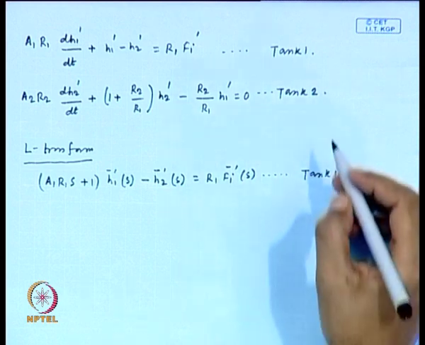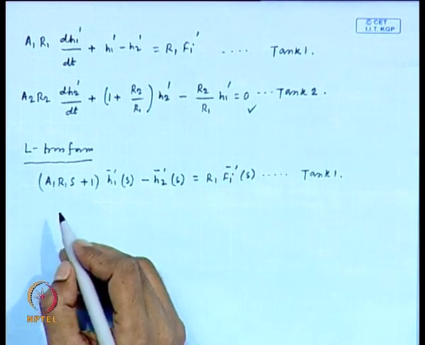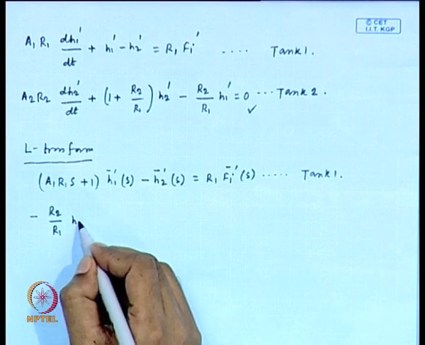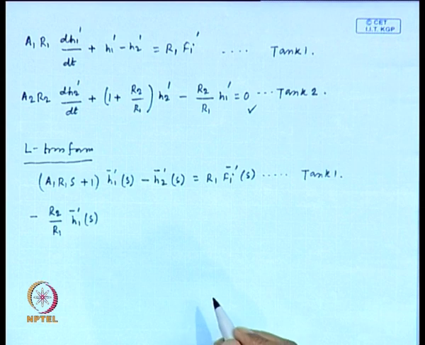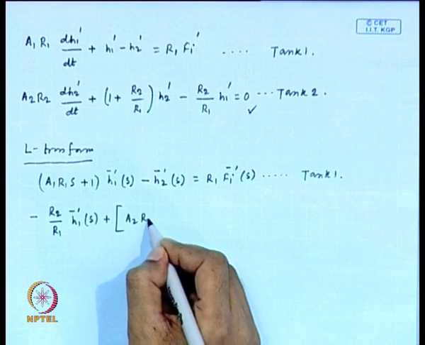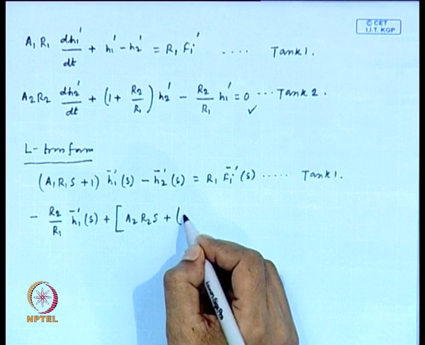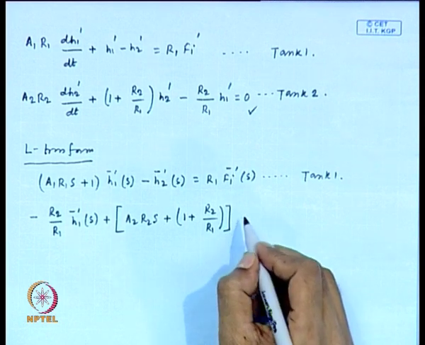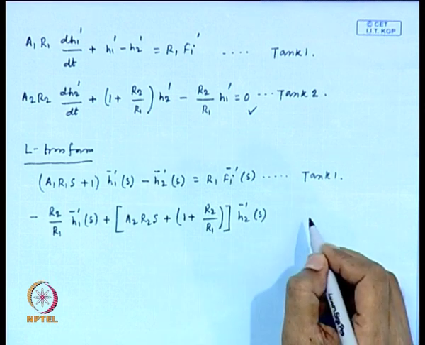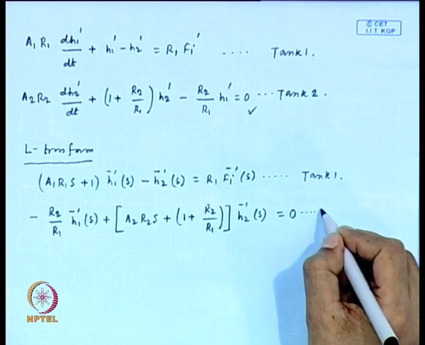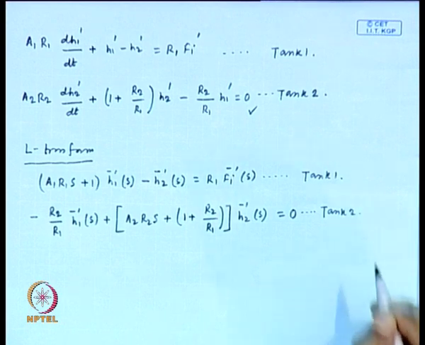Similarly, if we take the Laplace transform of tank 2 equation, we obtain minus (R2/R1) H1 bar prime(s) plus (A2 R2 s plus 1 plus R2/R1) H2 bar prime(s) equals 0. If we take the Laplace transform for the modeling equation of tank 2, we obtain this expression.